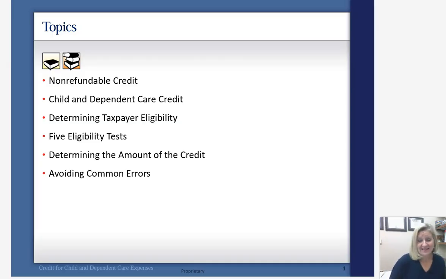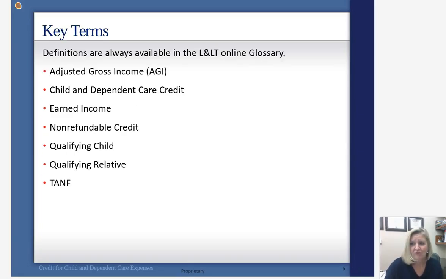I will tell you this is a non-refundable credit, but non-refundable credits do dollar for dollar reduce the taxpayer's tax bill, so it still is beneficial if the client qualifies for it. There are 5 eligibility tests that we'll go through, and we will talk about who's eligible and what children are eligible for getting the credit.